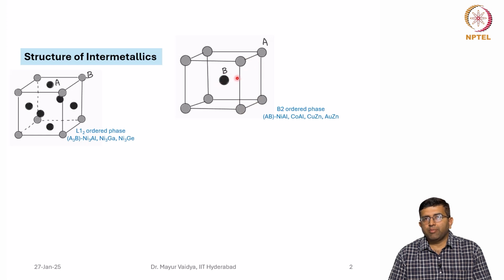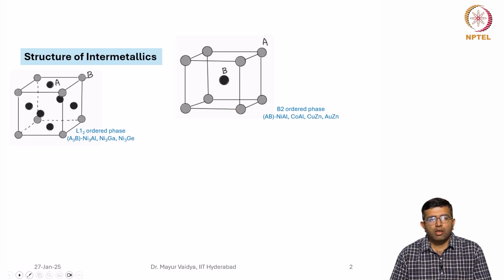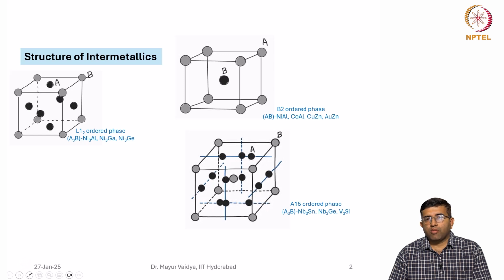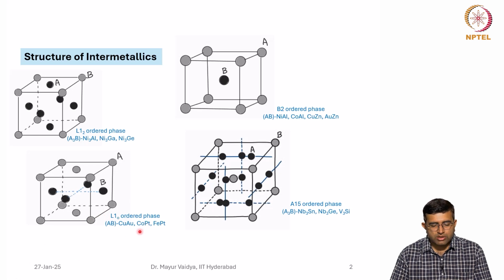Here the B atom occupies the center and the A atom occupies the corner, so again the effective number of atoms is one of each. You have a more complicated structure, the A15 ordered phase. You have the L10 type of structure: CuAu, CoPt, FePt, and so on.